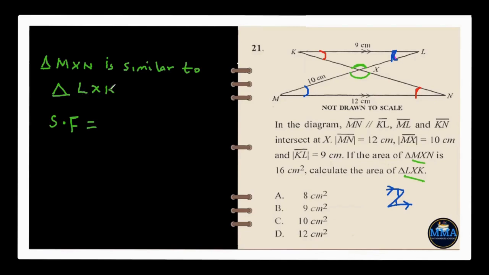Or if you come here now, last letter to first letter, KL, last to first. Come here, you're going to take last to first, N, M. Now, if you look at it, that is going to give us KL is 9, and NM is 12.